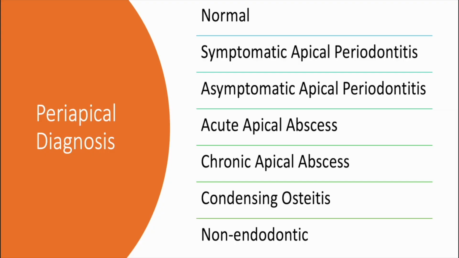Everything else is going to be a radiolucency. So only two radiopacities are going to be condensing osteitis and pulp stones. And there would be a periapical diagnosis for non-endodontic origin. We can go way deeper into the endo-perio lesions, but we do not need to, and it's out of the scope of this course when we are just talking about endodontic diagnosis.